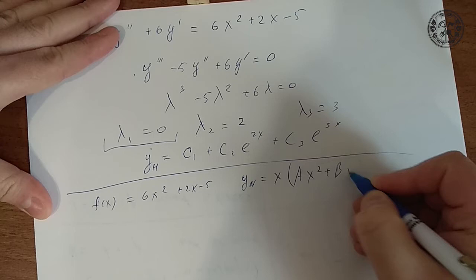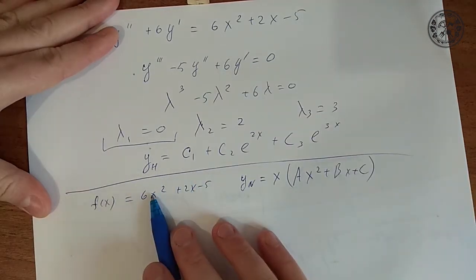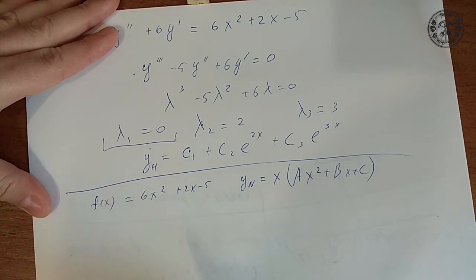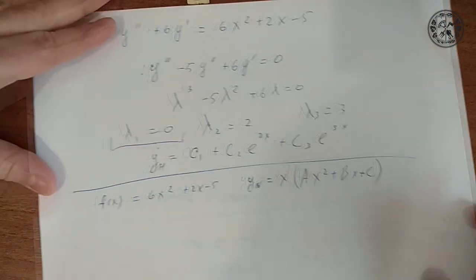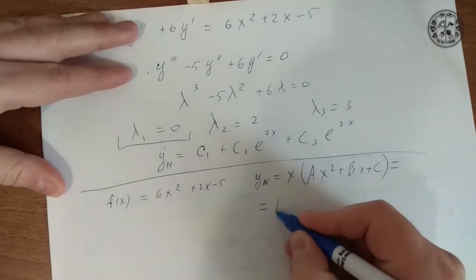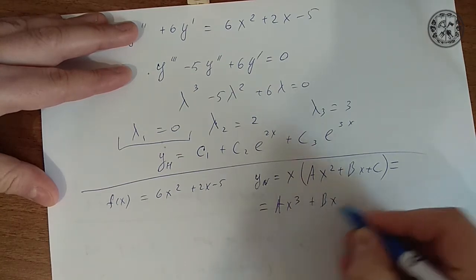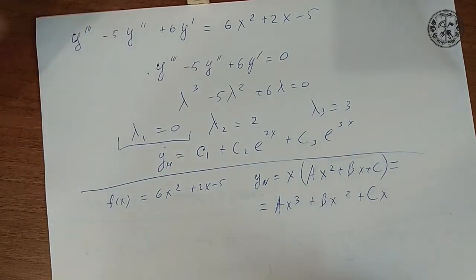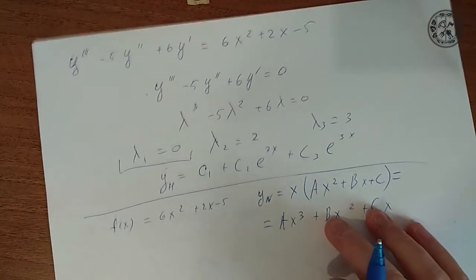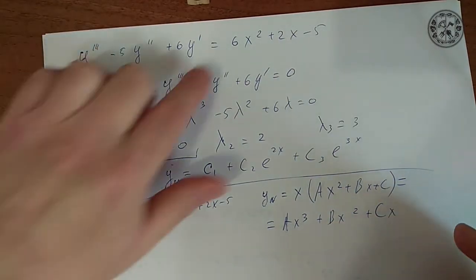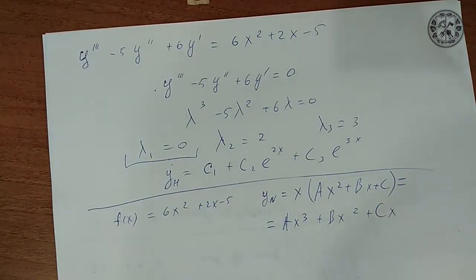Same power as here, polynomial of the same power as here, but with unknown coefficients. If we open brackets, we'll get ax cubed plus bx squared plus cx. If this is a solution of our initial equation, then if we substitute this formula into this equation, we'll get an equation that will hold true.